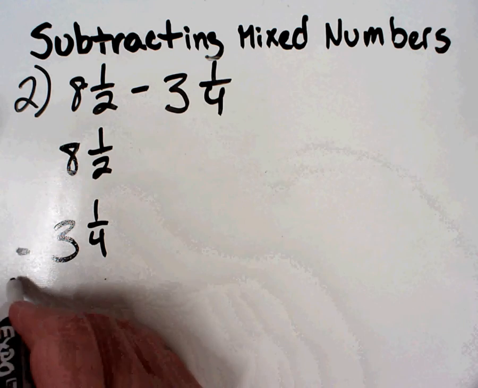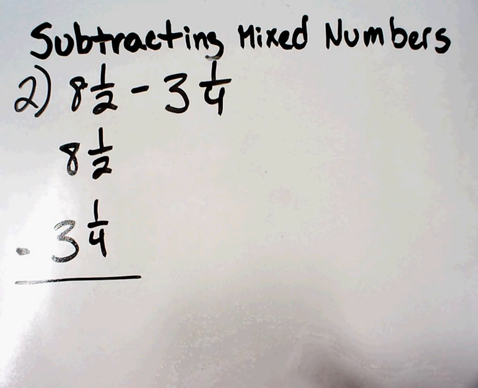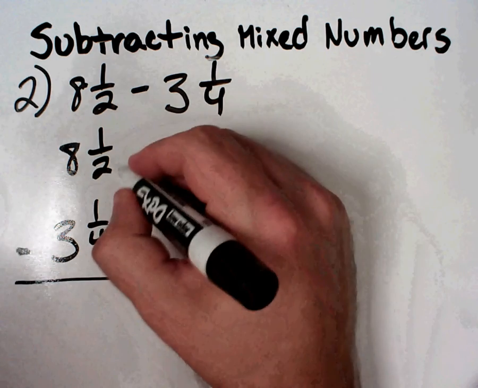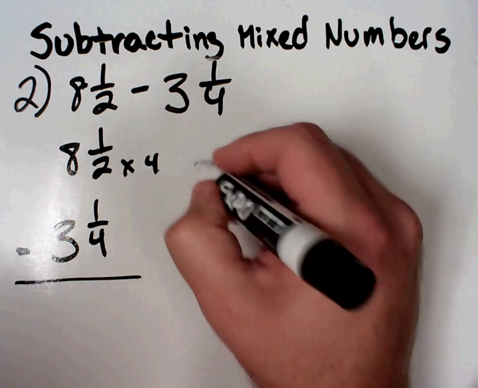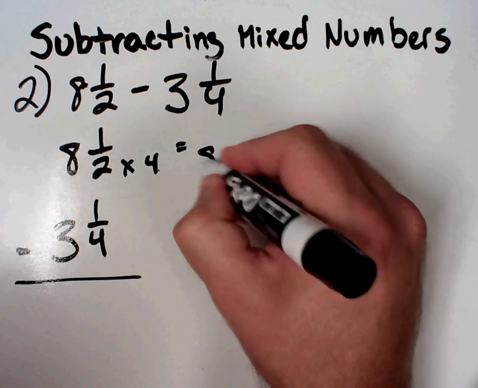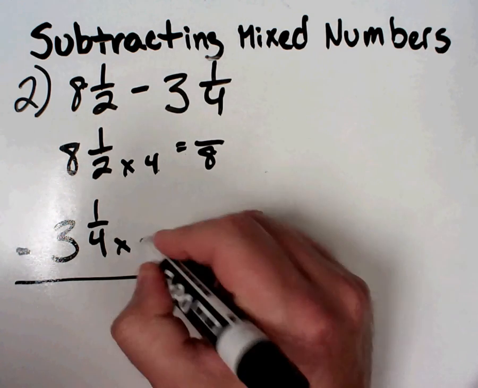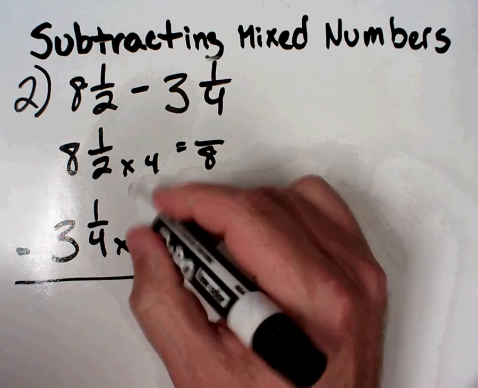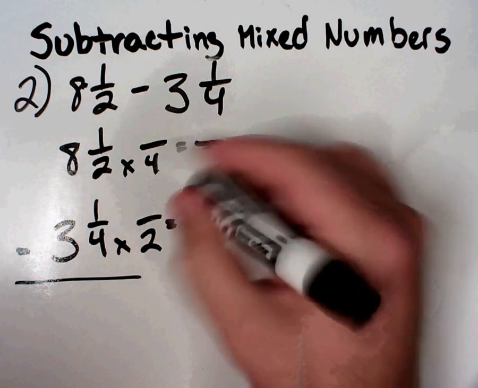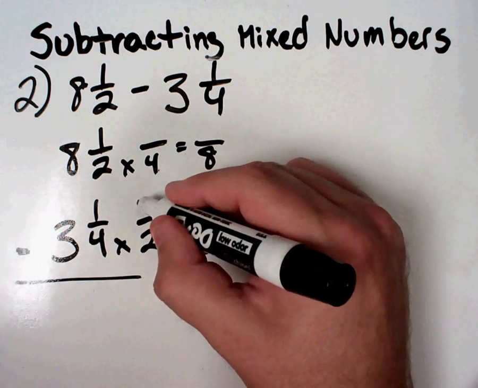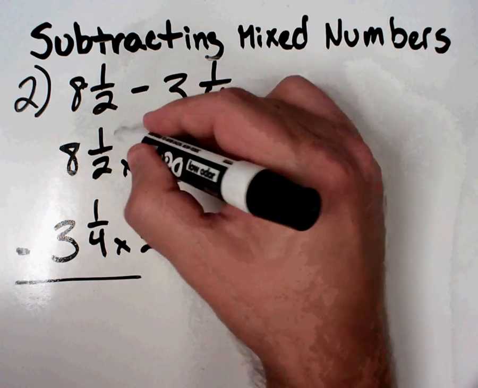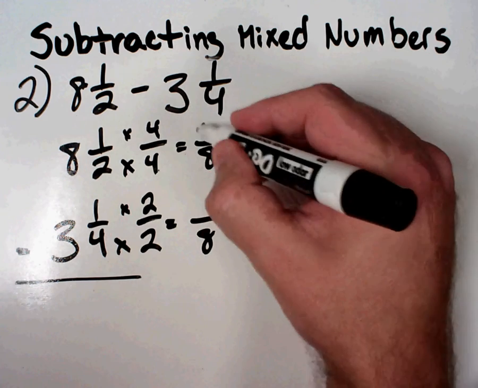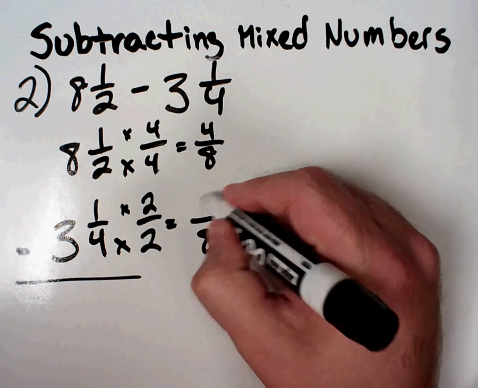I'm going to make it a little bit harder, but I want to stay consistent on the process. So I multiply my 2 times the 4 to give me an 8 for my denominator, and 4 times 2 here to give me an 8 denominator. Whatever I do to the denominator, I need to also do to the numerator. And so I'm going to end up with 4/8 and 2/8.